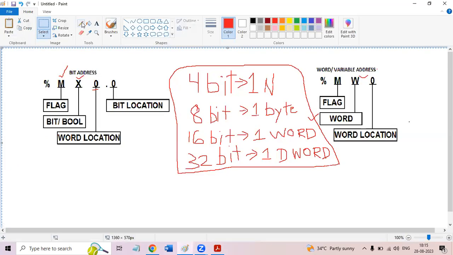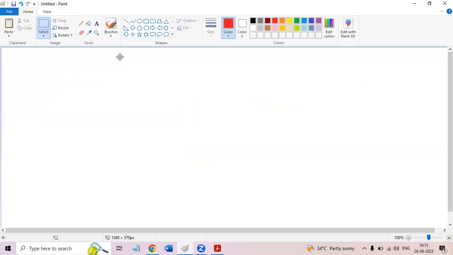Now you see, when you make a program, this bit and word will have some relation.